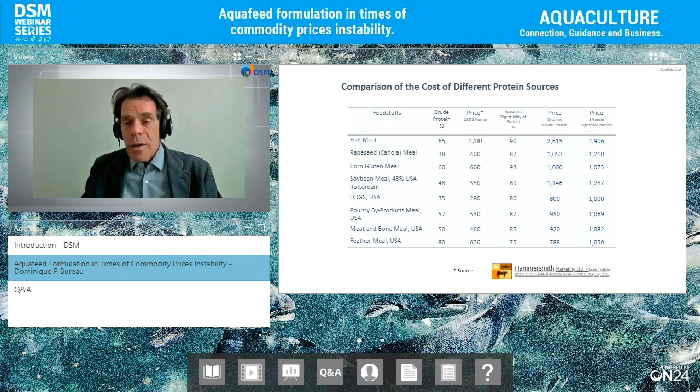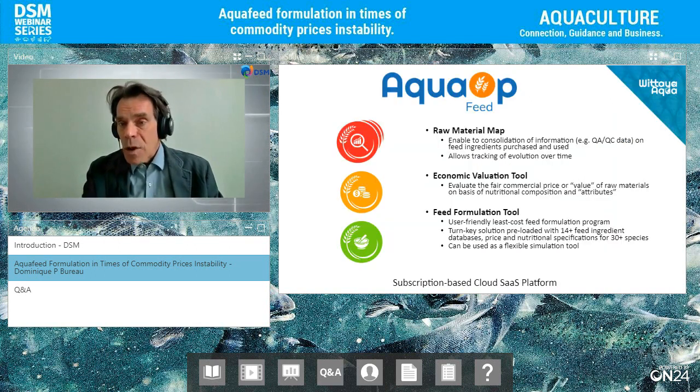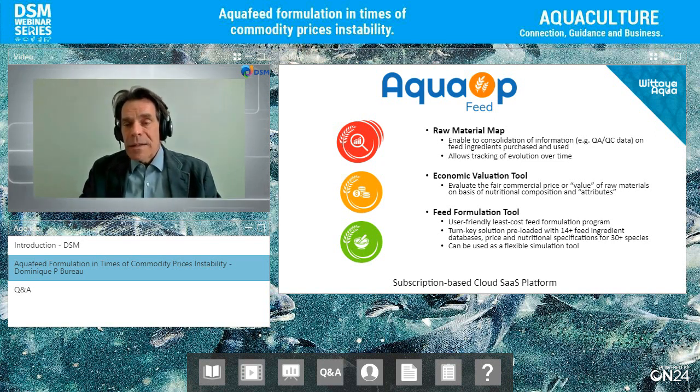So that's where we started with my company, Aqua, developing tools like this that integrate this knowledge. We developed what we call an economic valuation tool. Now, just quickly show you this. It's a tool that relates the price of commodities with their chemical composition and certain attributes.